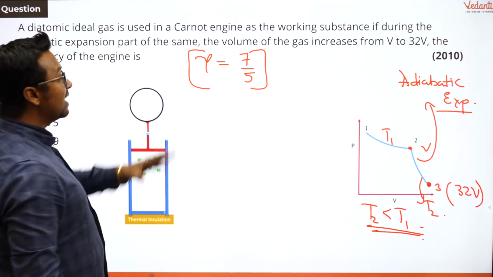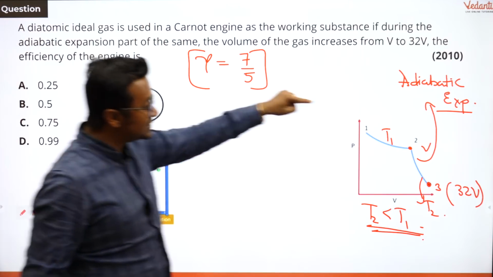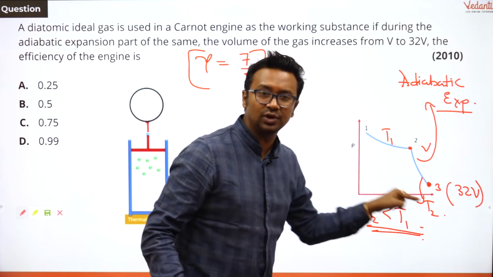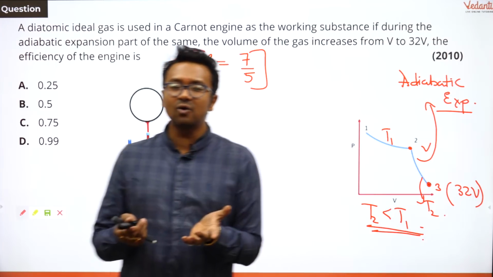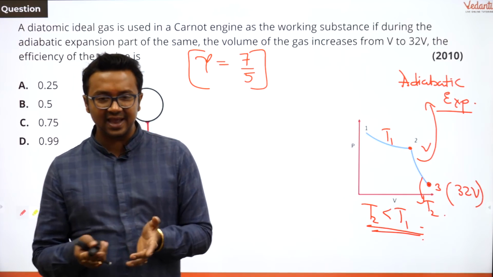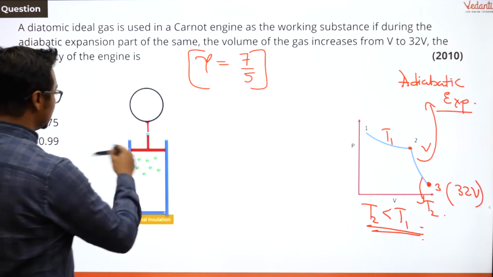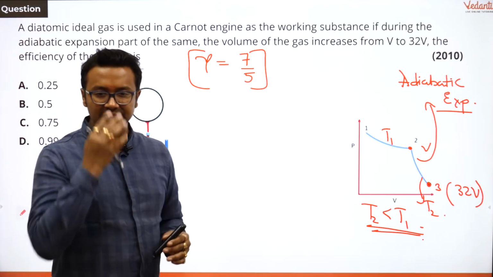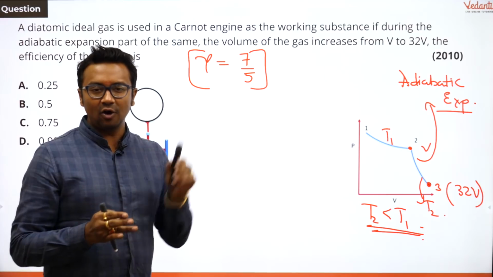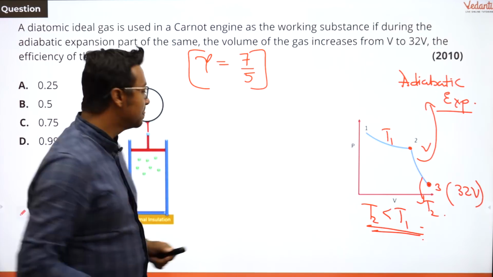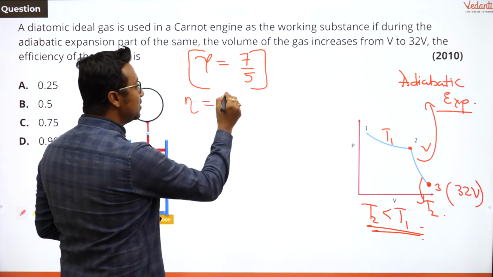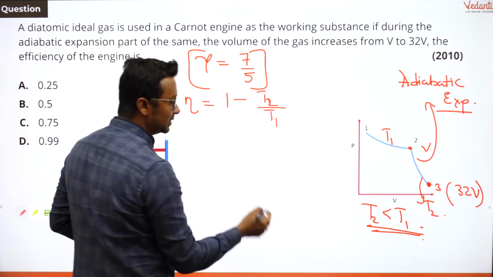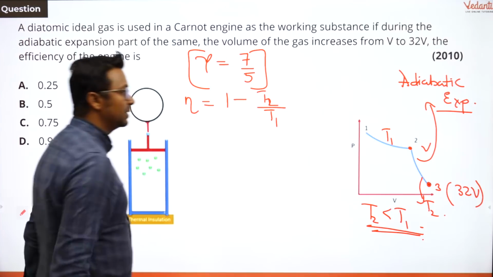Okay. They have asked us that in this adiabatic expansion process, the volume changed from V to 32V. Then find out what will be the efficiency of this cycle if the gas used inside was a diatomic ideal gas. Alright students. Now what is the idea or how to do this kind of question? Simple idea. We know efficiency is equal to 1 minus T2 by T1, that is the cold temperature by the hot temperature.